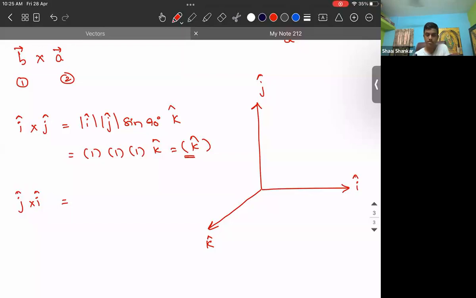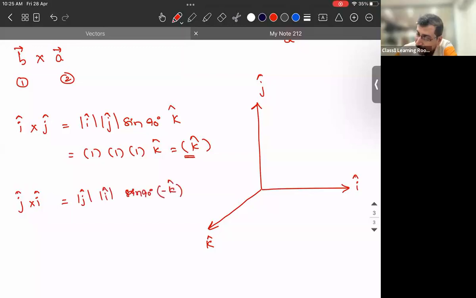Clockwise, with a minus K cap. So the answer will be negative of K cap. Are you able to understand? To put it simply, if you do I cross J, it is going to be K cap. If you do J cross I, it is going to be negative of K cap.